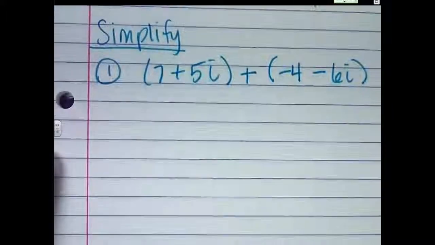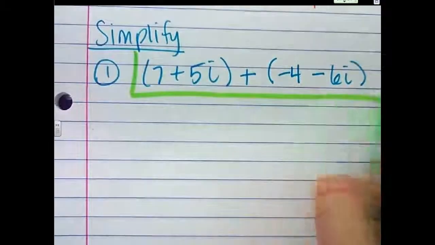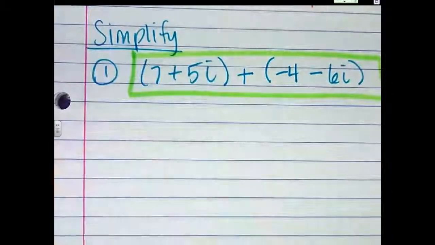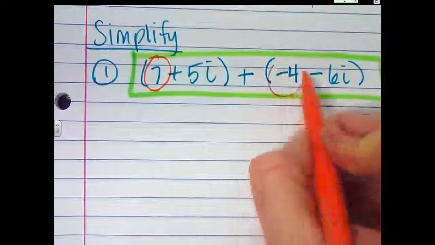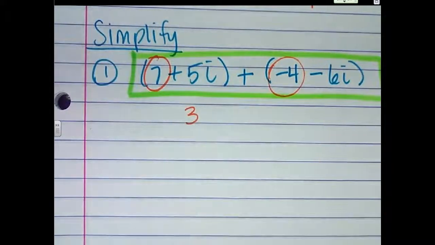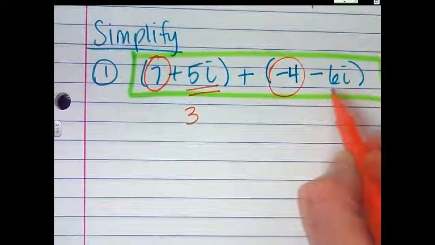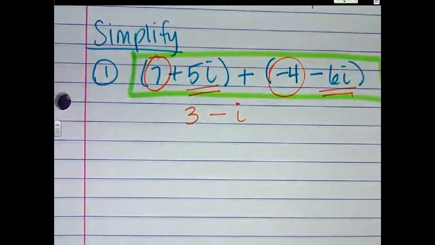Number 1: 7 plus 5i plus -4 minus 6i. All you have to do is combine like terms. It's exactly like if it was 7 plus 5x. So 7 plus -4 is 3. 5i plus -6i is -i. That's it.